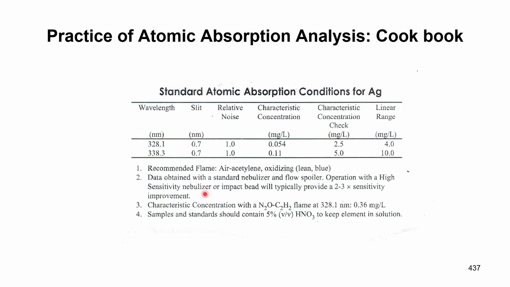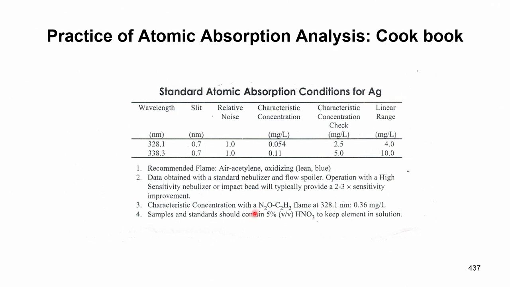The sensitivities and characteristic concentrations are calculated using data obtained with a standard nebulizer and flow spoiler. So, operation with a high sensitivity nebulizer will increase sensitivity. So, it depends upon the nebulizer. For this instrument which I have chosen, these are the conditions.